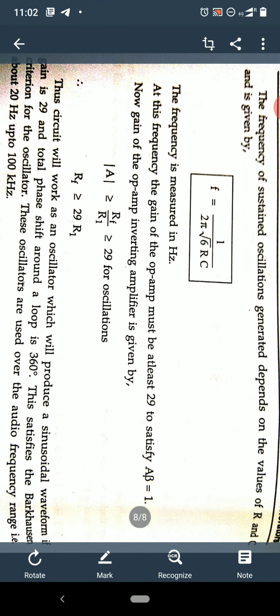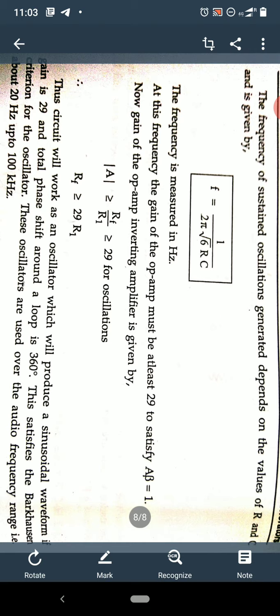We have already derived that the frequency of oscillations generated by the RC phase shift oscillator is given by f equal to 1 by 2 pi root 6 RC. Now, the gain of the inverting amplifier, mod A, should be greater than or equal to RF by R1, which should be greater than or equal to 29 for sustained oscillations. Solving this, RF should be greater than or equal to 29 times R1.